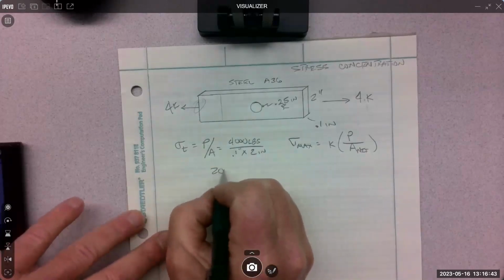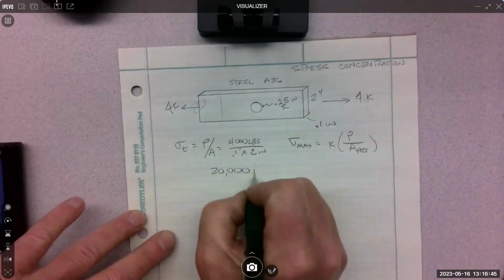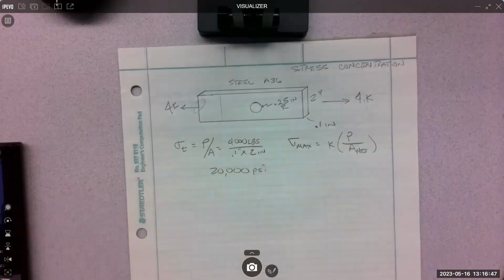So this is 20,000 PSI. A36 yields at 36,000. We're good, right?